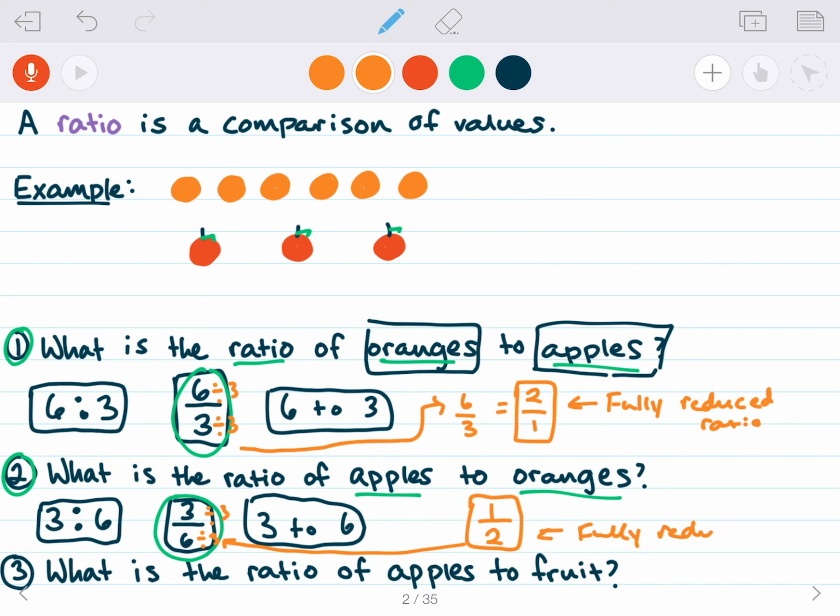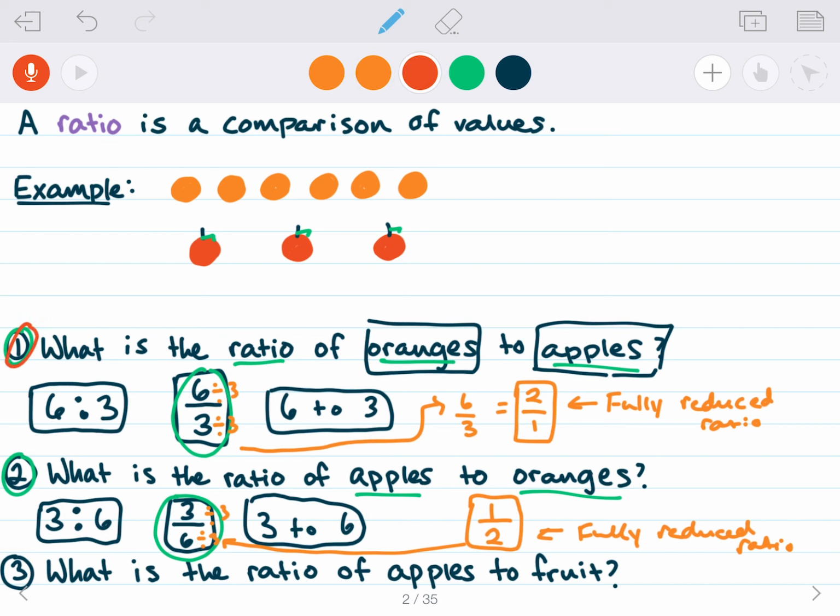And what does that mean in the picture? Taking a look at number 1, we're looking at how many oranges per apple, okay? And we can group them in that way. It says for every 2 oranges, there's 1 apple. But also it says for every 6 oranges, there's 3 apples.